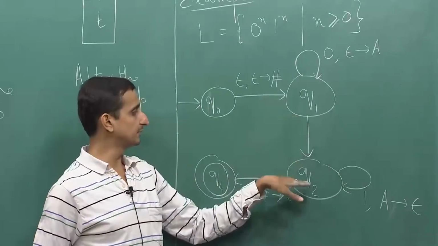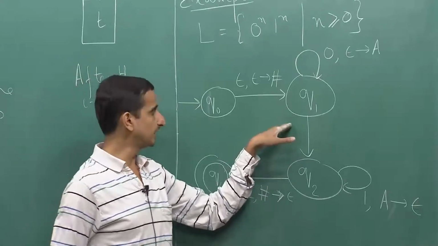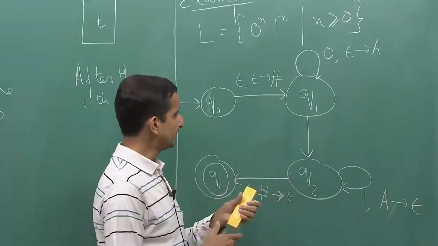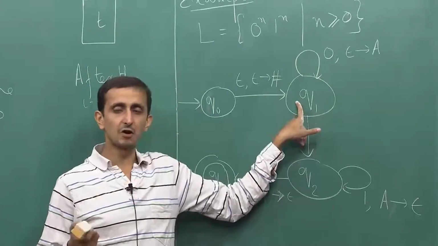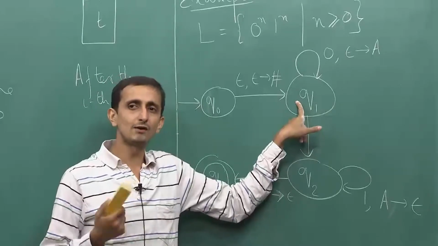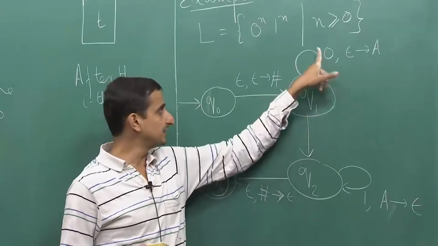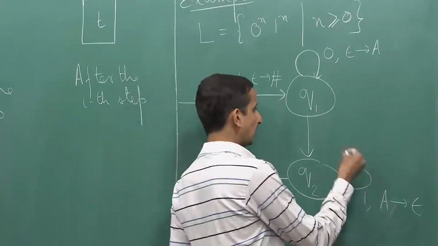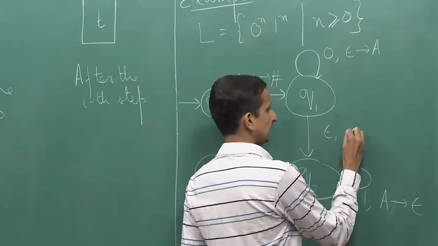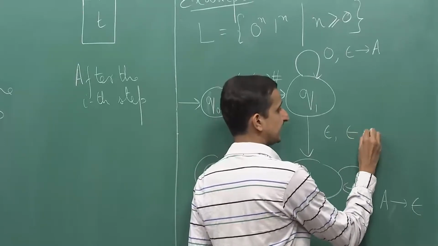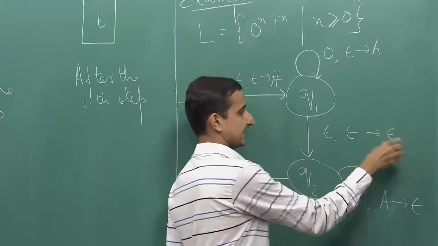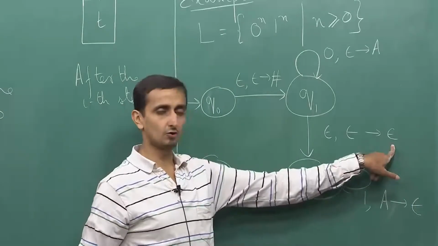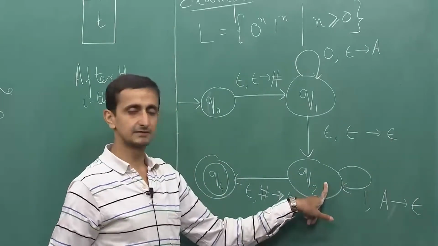So, when will I go from Q1 to Q2? I just do that non-deterministically. Whenever I am at state Q1, I will non-deterministically do one of two things. Either I will check whether the next bit is a 0 or not, or without reading any symbol and without changing anything on the stack, epsilon to epsilon, I just go to Q2.